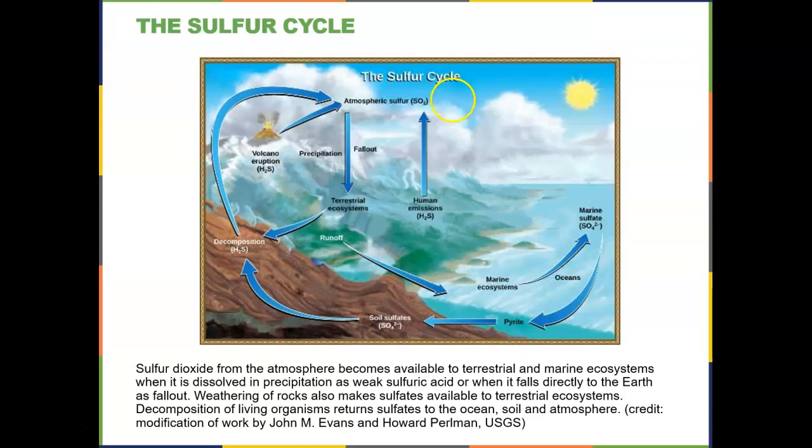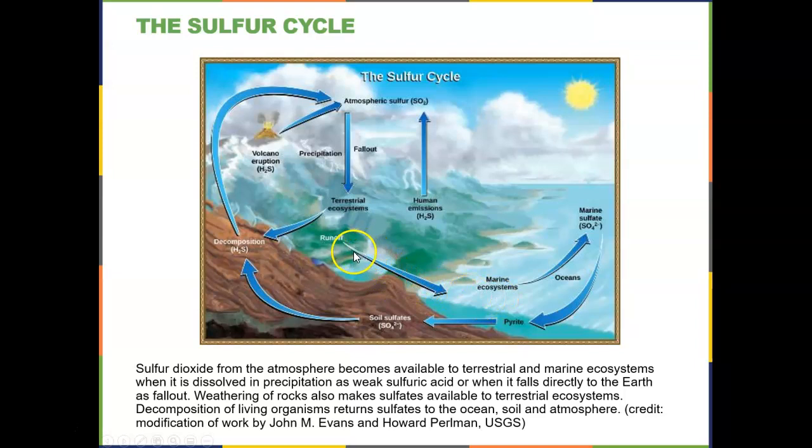So when we look at the sulfur cycle, we see that there is an atmospheric component of sulfur. We have this sulfur dioxide, and then this sulfur dioxide can fall out in rainwater, precipitation, snowfall, land on terrestrial ecosystems, and end up in both soil and runoff in freshwater and marine ecosystems.